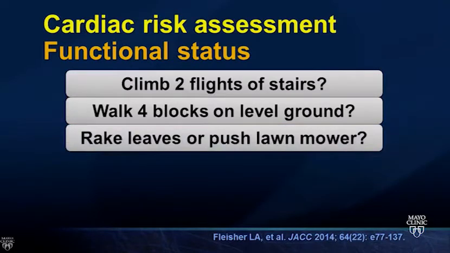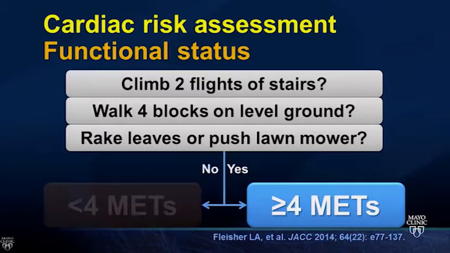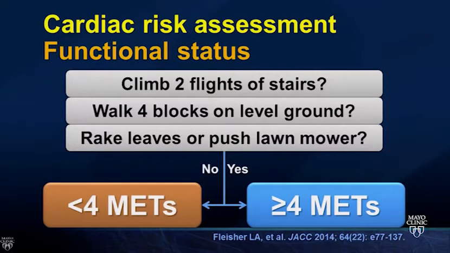And third, can you rake leaves or push a lawnmower? If the answer to those questions is yes, then the patient can perform over 4 METs of activity. If the answer to those questions is no, or I don't know, then you have to assume that the patient is going to be able to perform 4 METs or less. And that 4 MET threshold is going to be important, as we're going to see in a little bit.